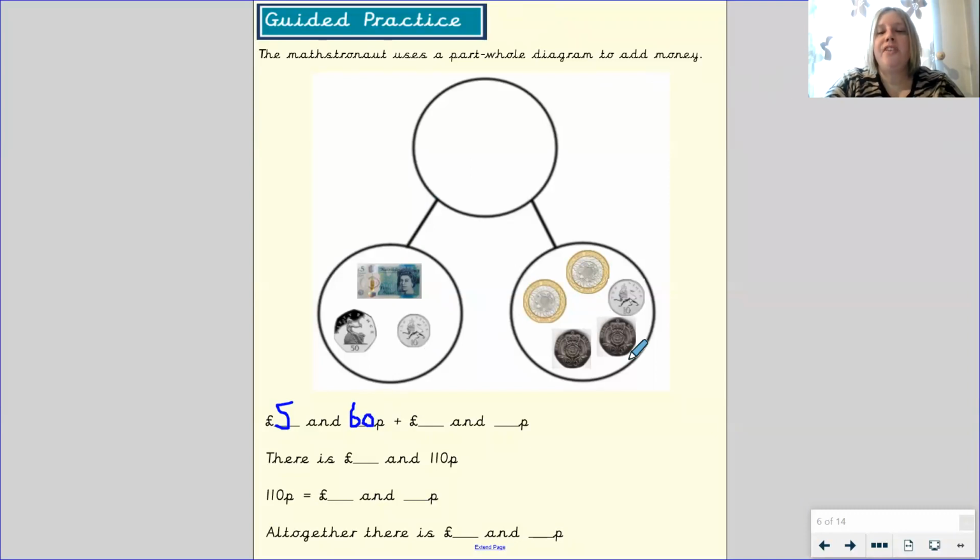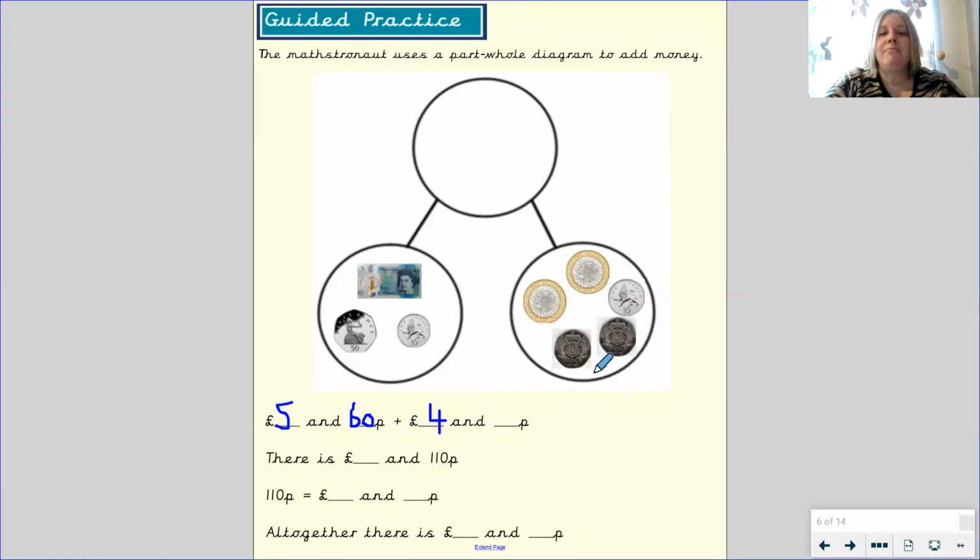Then we need to find out how much money we have in our other part. In our other part, we have 2 £2 coins, 2 20p coins and a 10p coin. The first thing I need to do is add my pounds together. If I add £2 and £2, I have £4.